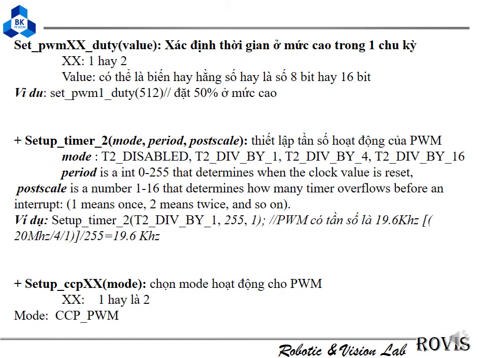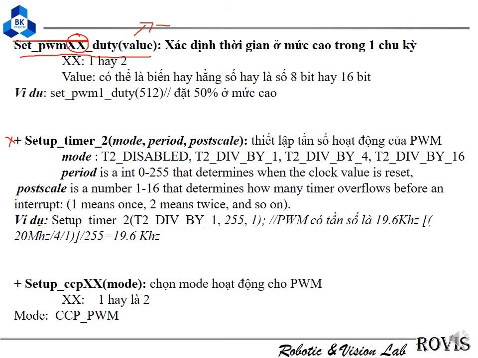If you use the CCSC compiler, you just concentrate on 3 functions. The first function is set_pwm_duty value, for the XX here. If we use CCP1, it is 1 here, and the duty value here is 10 bit.